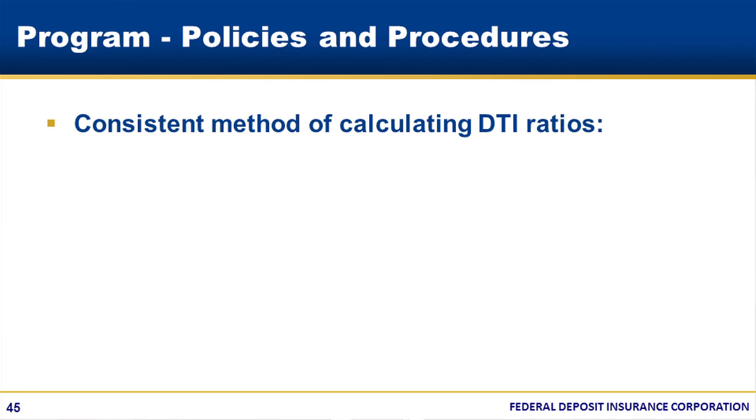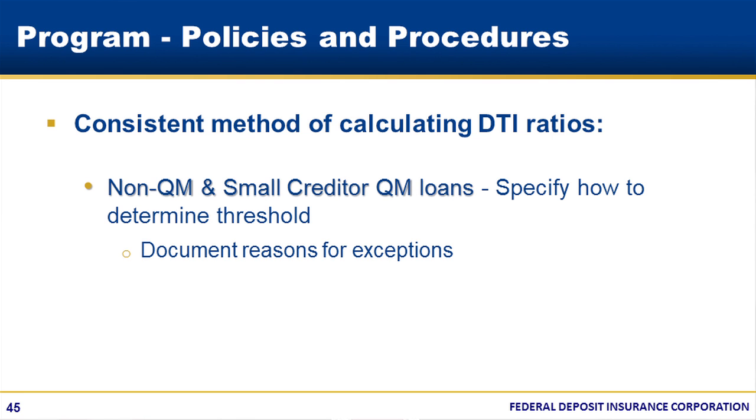A specific item to include in your policies and procedures is a consistent method to use in calculating debt-to-income ratios. You may recall that the general or standard QM requires you to use Appendix Q, but for non-QM and the small creditor QMs, you have more flexibility to determine your own DTI threshold, as long as it is reasonable for the borrower. Your policies and procedures should reflect your decisions.